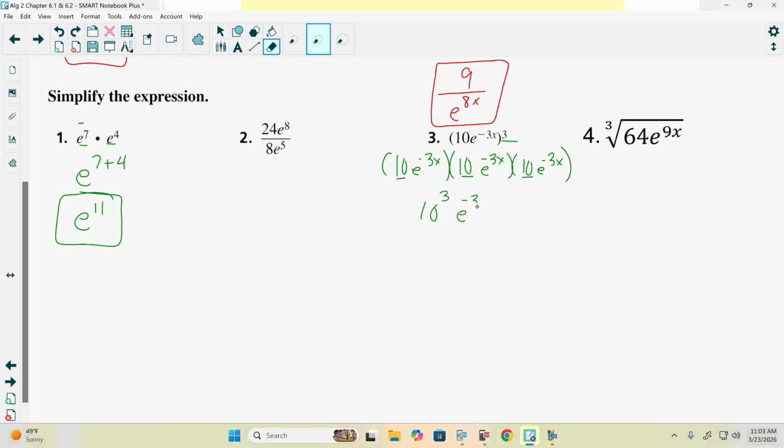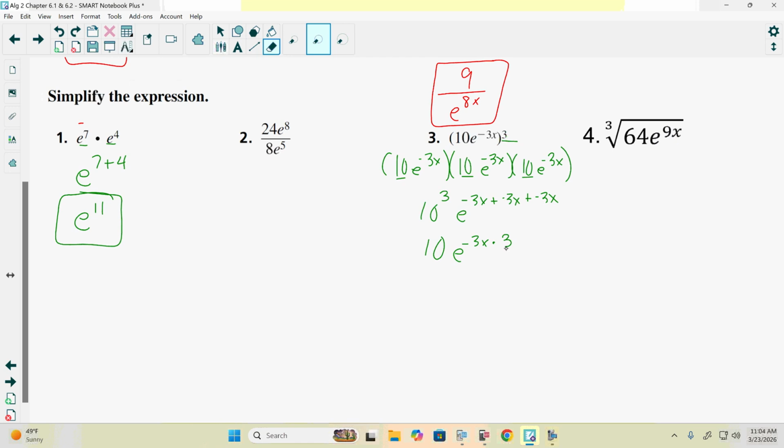Here I have e to the negative 3x times e to the negative 3x times e to the negative 3x. Because I'm multiplying like bases, we get all these 3x being added together. Negative 3x plus negative 3x plus negative 3x would be the same as negative 3x times 3, because I have 3 of them being added together.